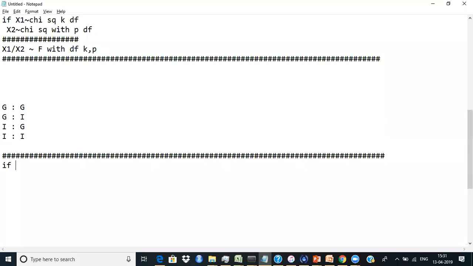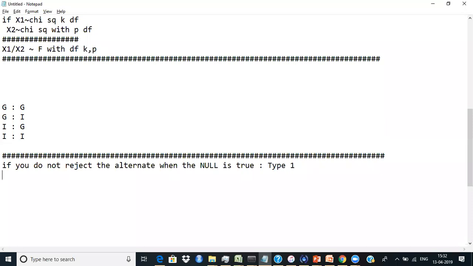If you reject the null when the null is true, it is known as type 1 error.